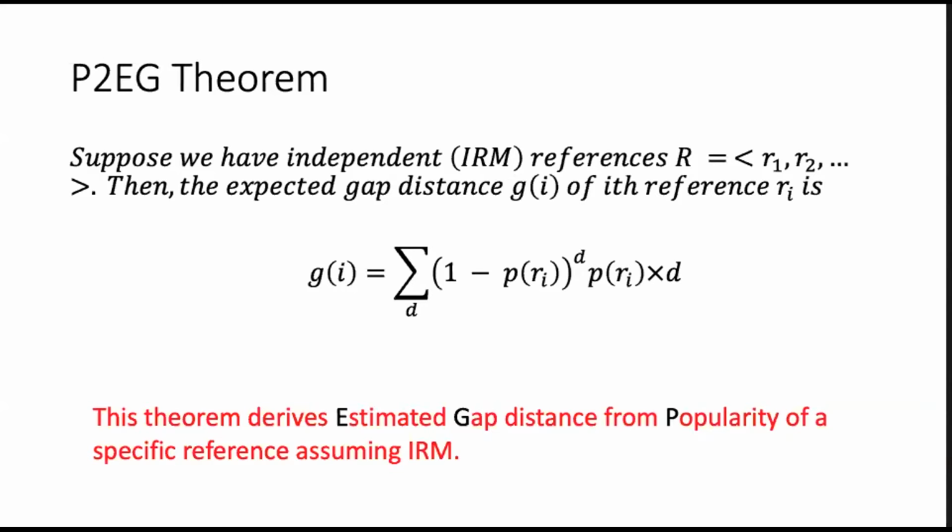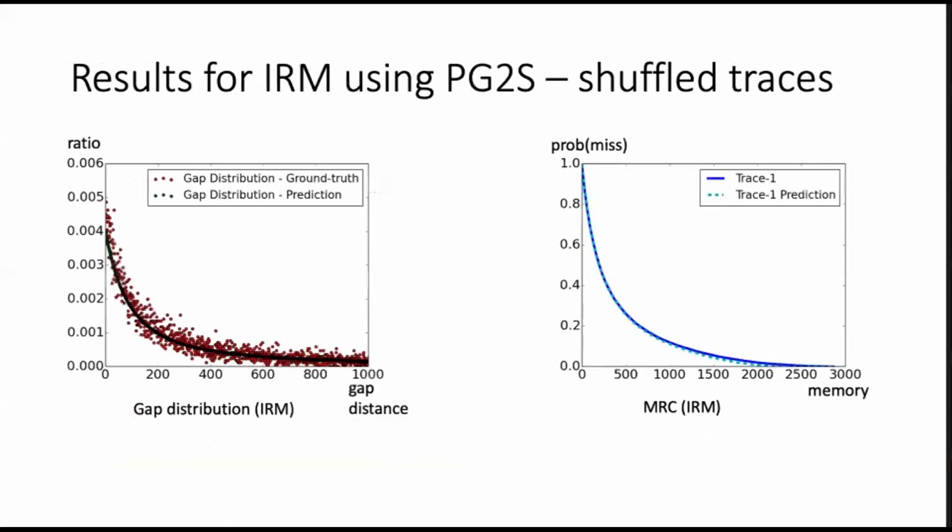Before moving further to PG2S plus, I'm going to share with you some of the results that we can derive from PG2S. This is an example where we use PG2S to predict the MRCs under the assumption of the independent reference model. We achieve these independent references by shuffling empirical data: we took the trace from the empirical data and shuffled it randomly to form the independent reference traces.